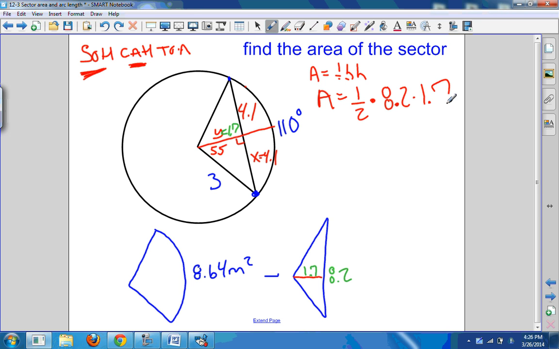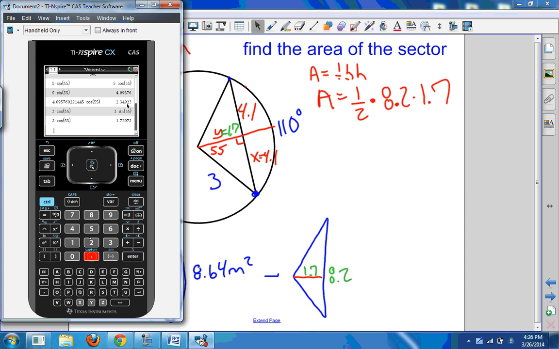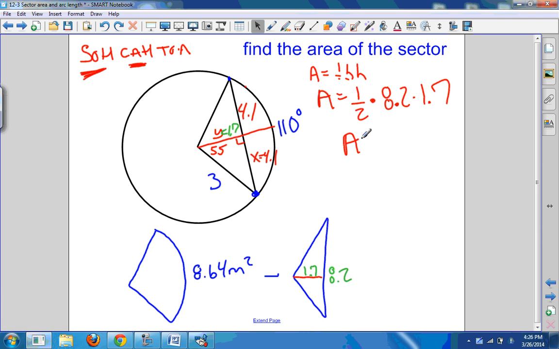Put in my calculator. 1/2 is the same thing as 0.5 times 8.2 times 1.7 is equal to 6.97. Alright, 6.97. So that's the area of this triangle.